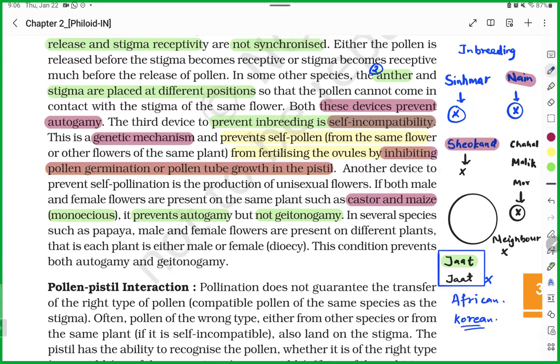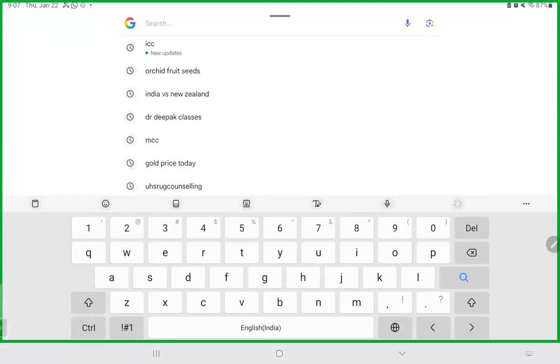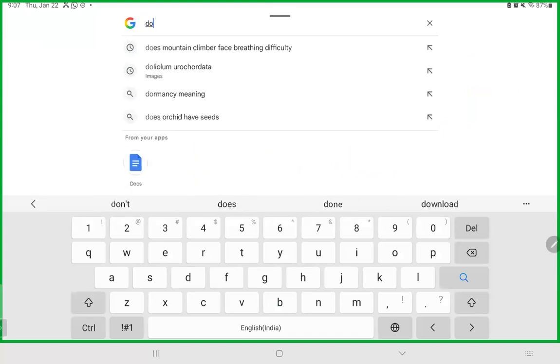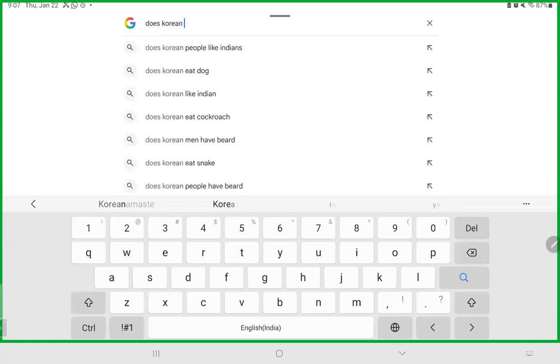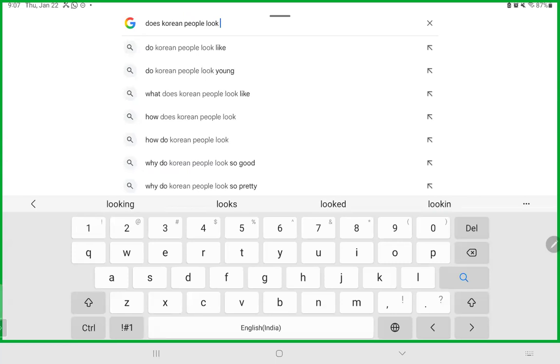You know why? Recently I came to know that at the age of 60, they look like 25 or 30. What lies? I'll show you a 60-year-old Korean man. So he's an actor. He looks 60 and he's Korean. Okay, let me see. Do Korean people look very young?